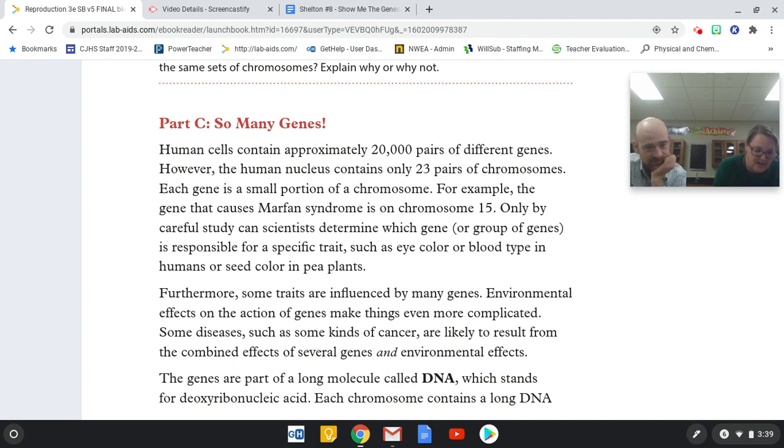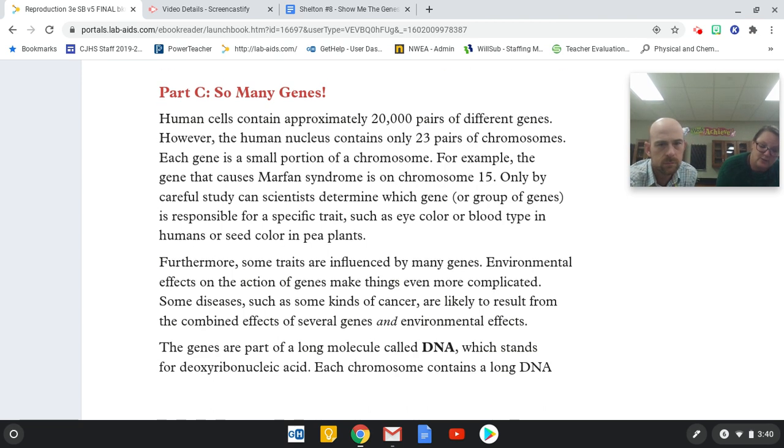Only by careful study can scientists determine which gene or group of genes is responsible for a specific trait, such as eye color or blood type in humans or seed color in pea plants. Furthermore, some traits are influenced by many genes. Environmental effects on the action of genes make things even more complicated.